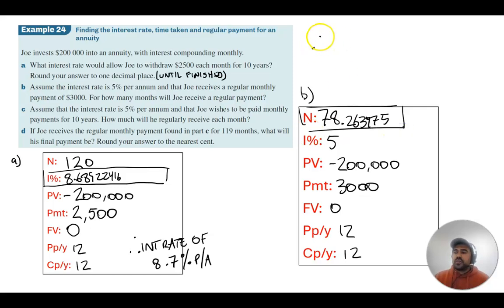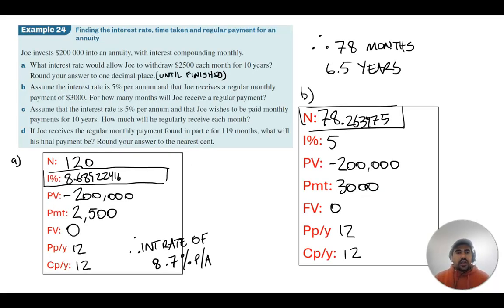So therefore, it will take 78 months. We are going to round down in this case, because we don't want to round up to 79 months. We just want to play it safe and go 78 months. This is also the same as 6.5 years.